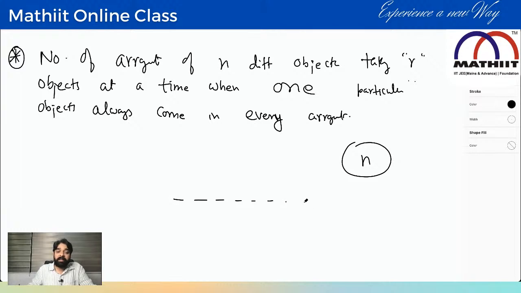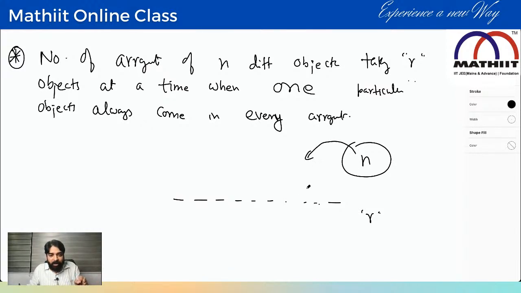How many places? R places. R number of places are there. Out of those n objects, one particular object says that I will always come in every arrangement. Whatever arrangement you do, I will come. So I will tell that person, first you go.